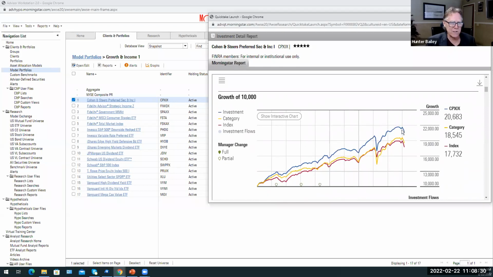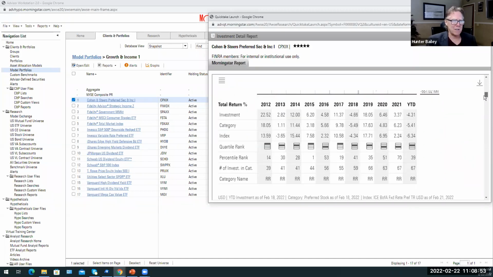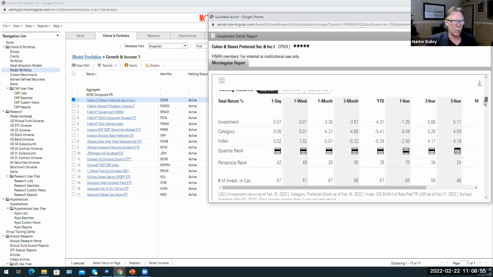They're down a bit recently, but their performance, if we just went to the preferred stock index, 10 years later, we have 17,732. This company, you've got 20,683 after their expense ratio. So it might be that a fund that has a high expense ratio might be earning their weight in fee.